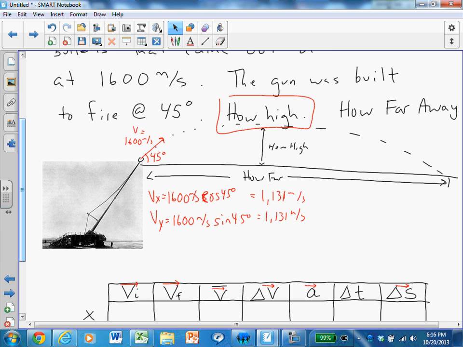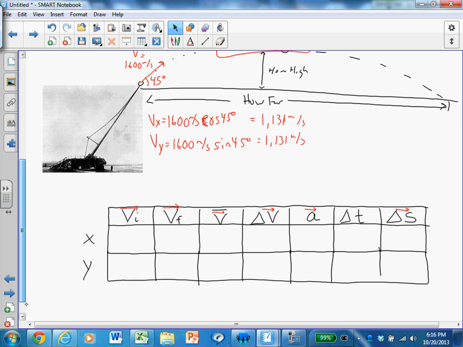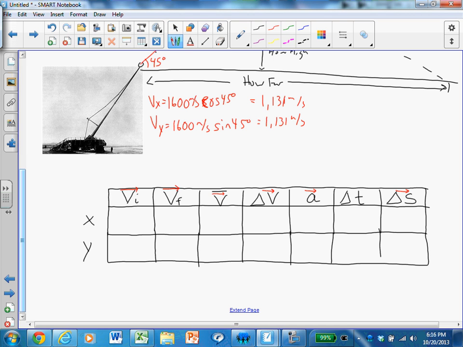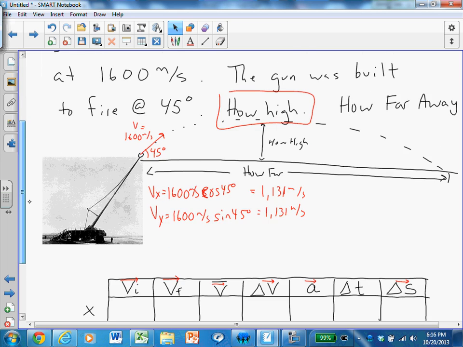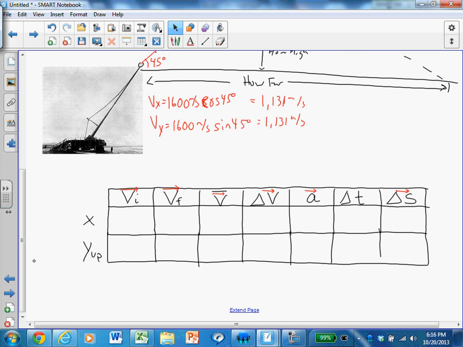So we're just going to do y up, which will make us have to interpret our delta S in the x too. We still have to double it because it will only have gone half that distance by then. But we know what our Vx and our Vy is. 1,131 meters per second. That doesn't change in the x.